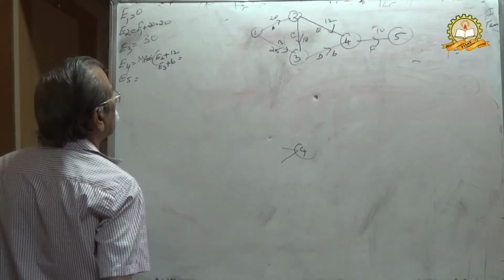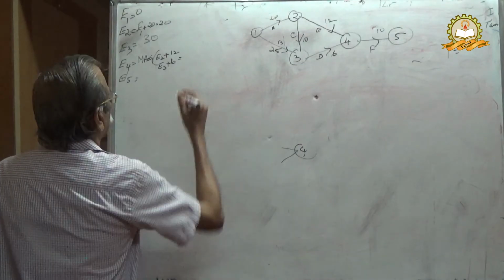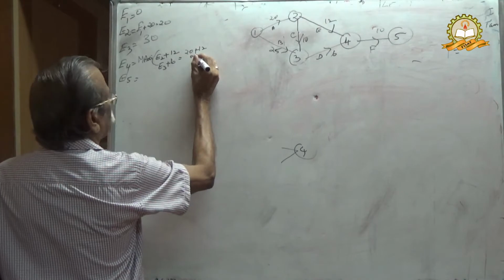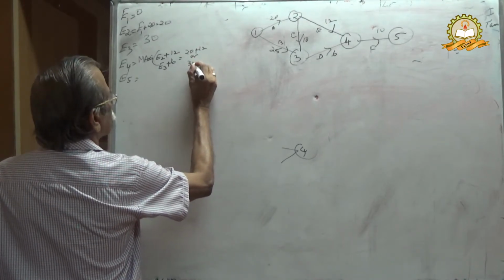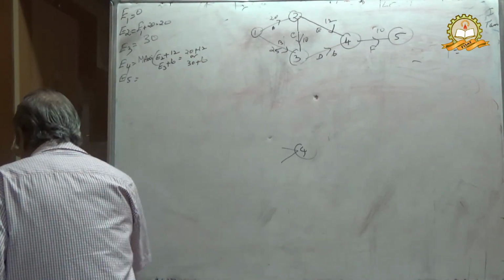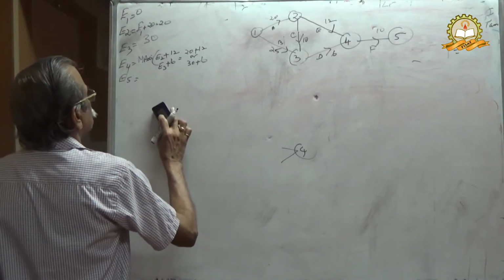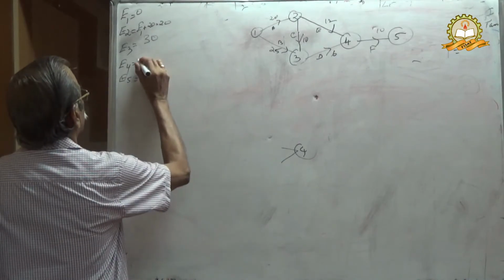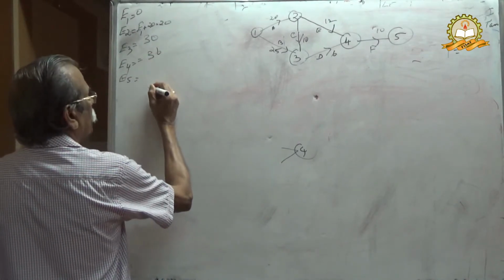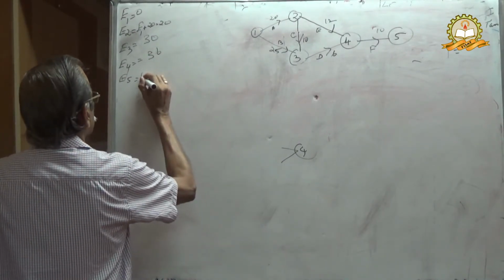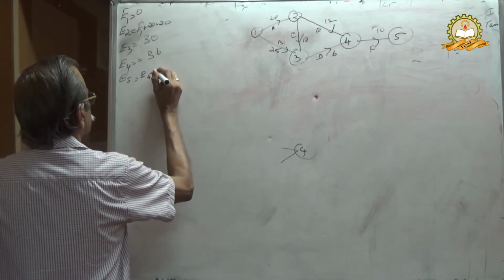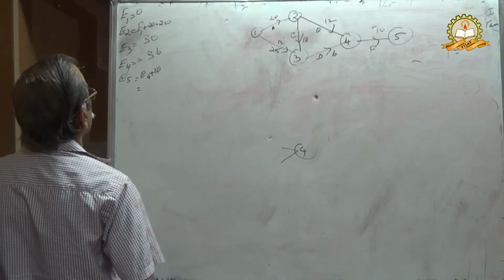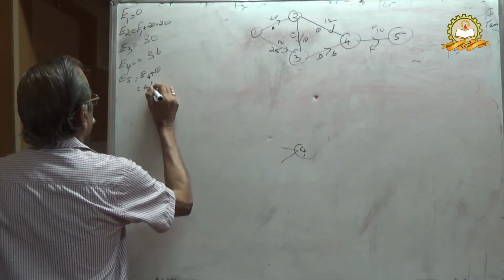E2 equal to 20 plus 12, or E3 30 plus 6, which is equal to 36, maximum 36. Then E5 equal to E4 plus 10, E4 equal to 36 plus 10, 46.